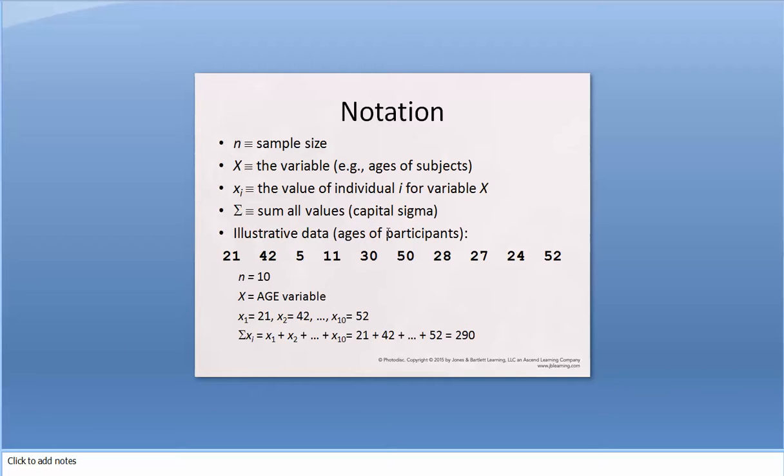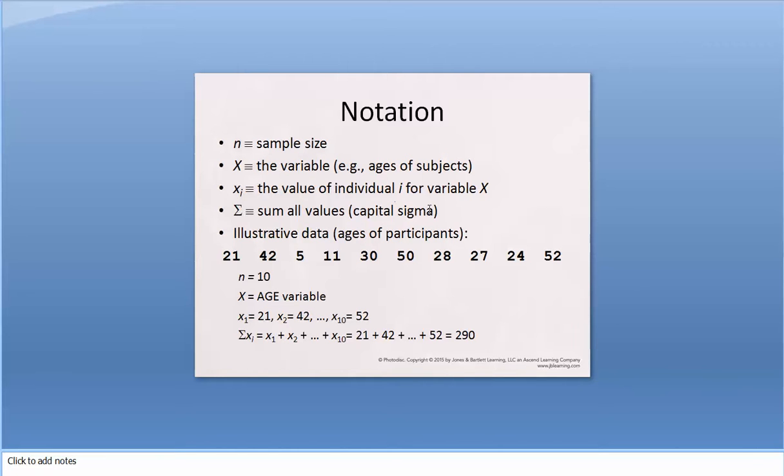So let's get started here with notation. Now we know that n stands for sample size. X is the symbol for the variable under consideration, any measurement. Now we will use the subscript i to say that xi is the specific value of the variable x for individual i. Now this is sigma notation.